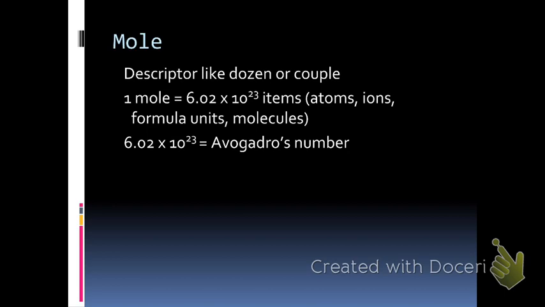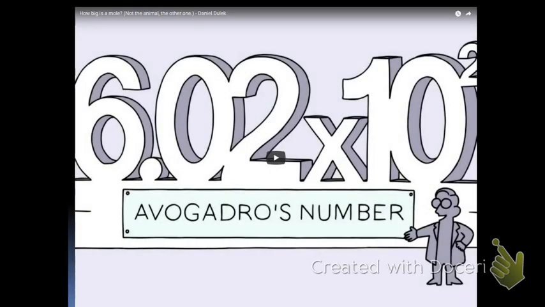So we need a unit that helps us use that larger amount. Instead of saying I have 6.02 times 10 to the 23rd atoms, which is a mouthful, we just say I have 1 mole, or 2 moles, or 2.5 moles. 6.02 times 10 to the 23rd is known as Avogadro's number, named after the person who came up with it.